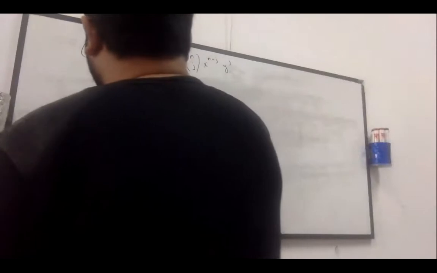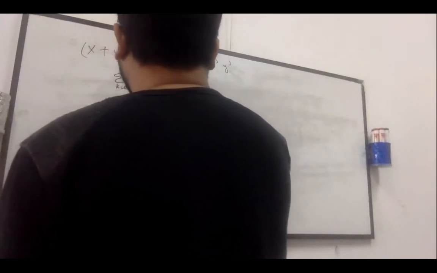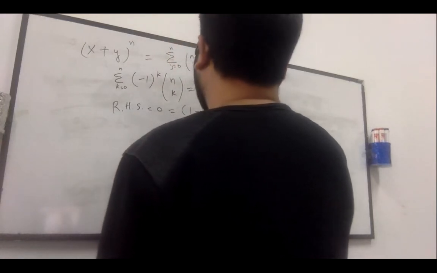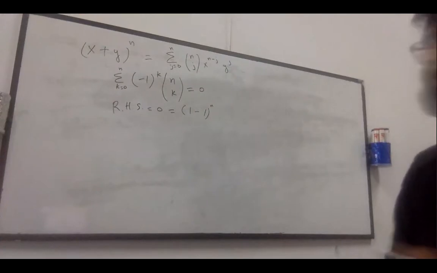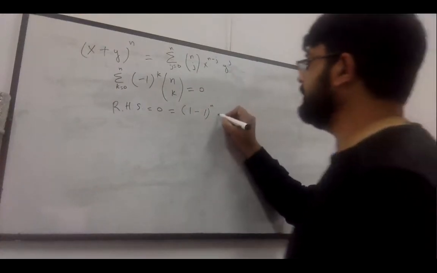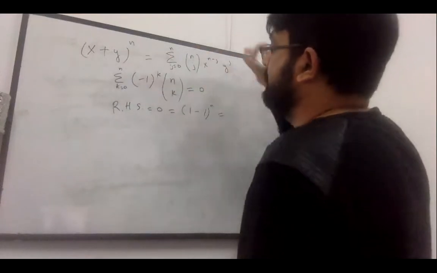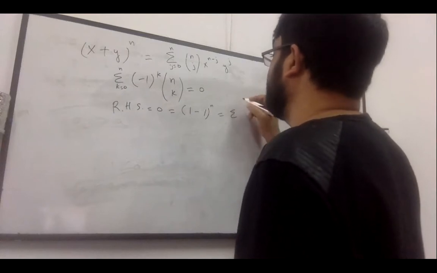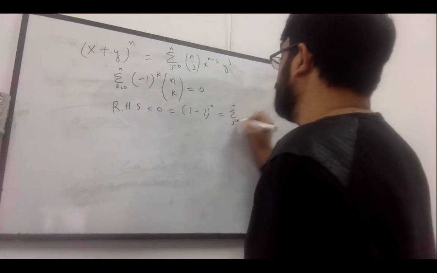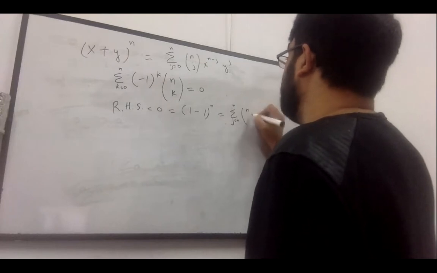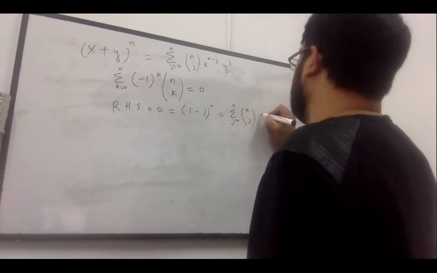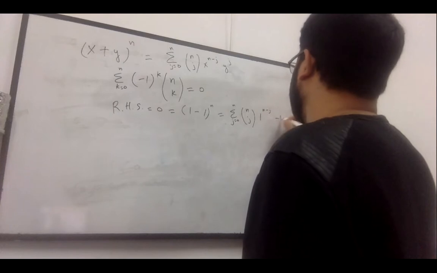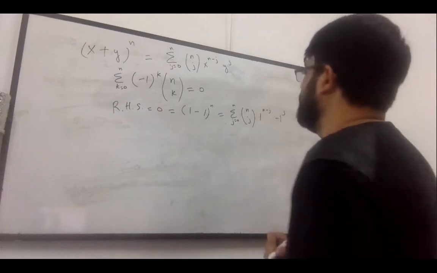Now taking my right-hand side equal to 0, I can write it as (1 minus 1) to the power n. Can we do that? This comes out from this particular binomial expansion. It can be written as the summation over j equals 0 to n of n choose j times 1 raised to the power n minus j times (-1)^j.